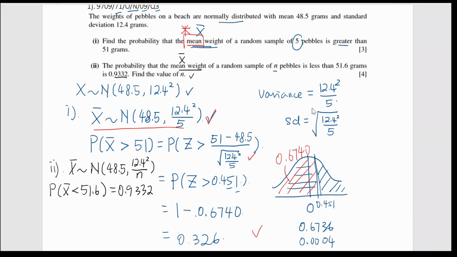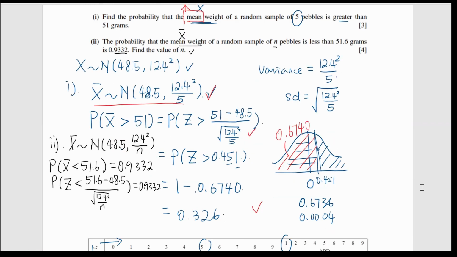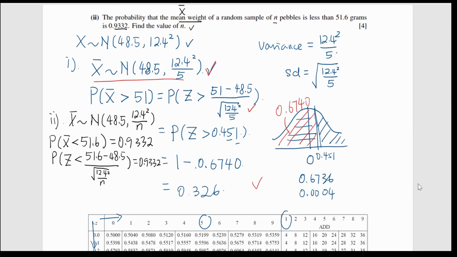Okay. In order to answer the question, we have to standardize it. So we minus the mean, divided by the square root of the variance. Okay. So in order to find out the z-score based on the probability given, we will refer to the bell-shaped curve here.